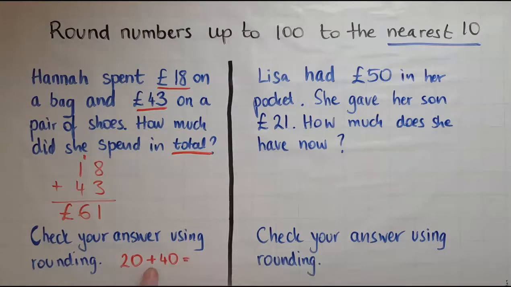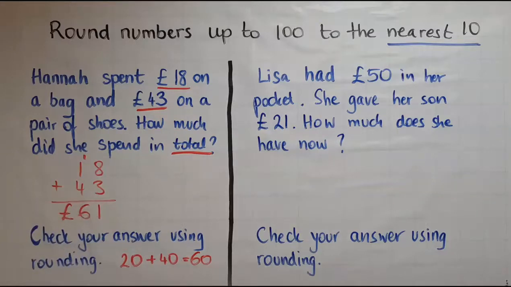So both together, 20 and 40 makes 60. So is that close to the 61? That is very close to 61. So that proves that I've got that calculation right. So it's a way to check that my calculation is right. It doesn't have to be exactly the same, but it should be very similar.